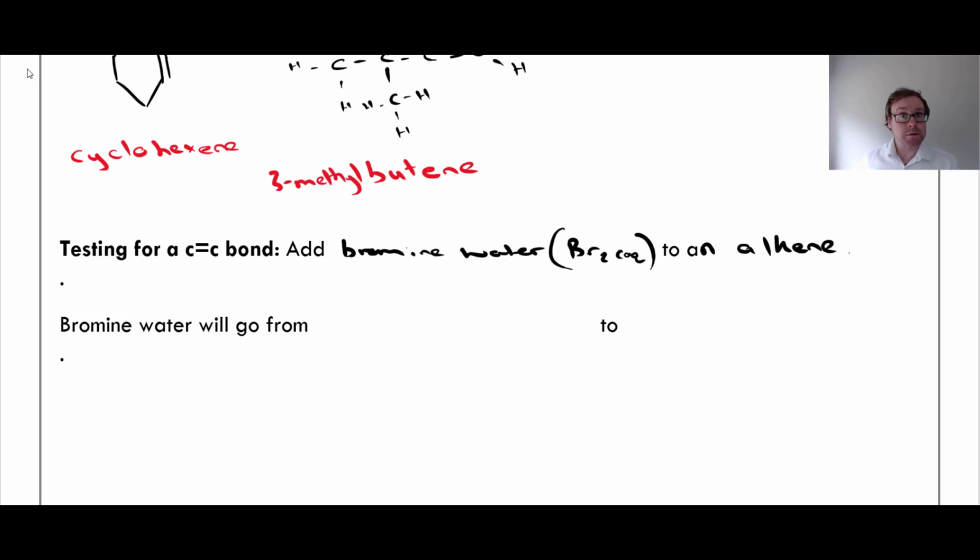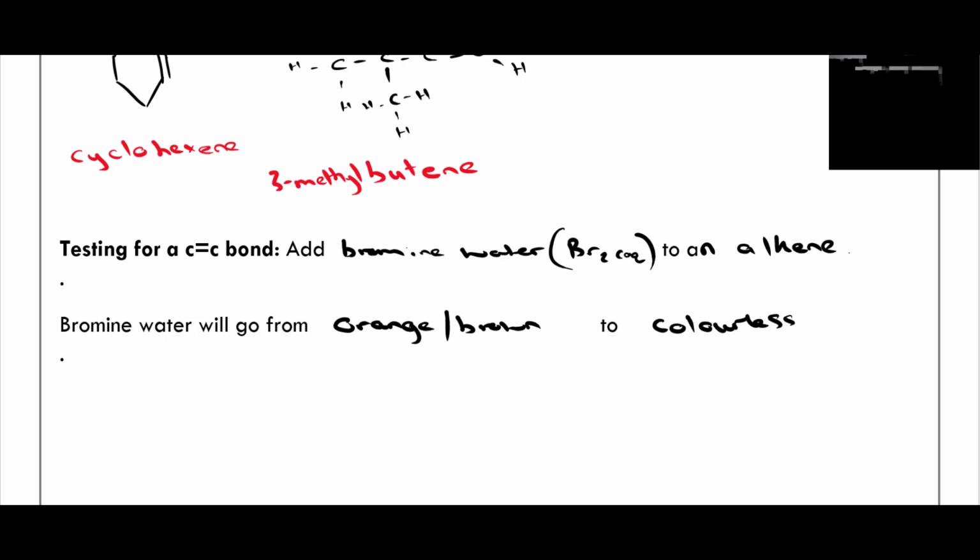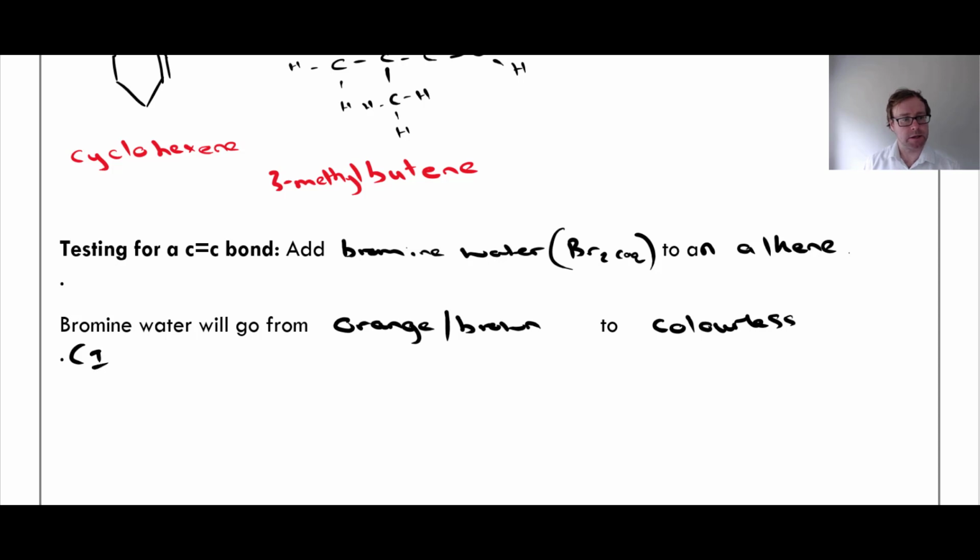It might be a gaseous alkene, or it may be an alkene dissolved in water. We don't know, it doesn't matter. We still get the same positive result. So bromine water will go from orange-brown to colourless if an alkene is present.